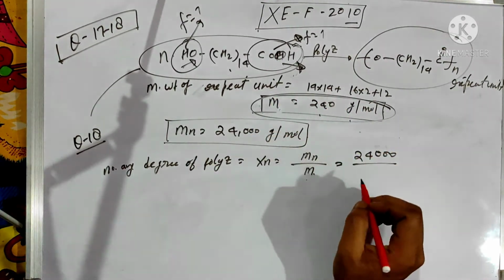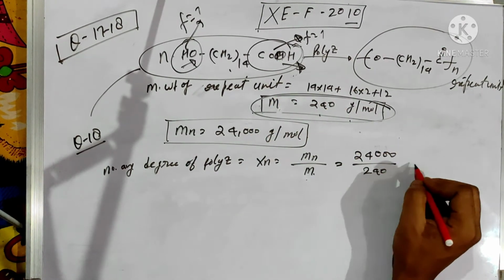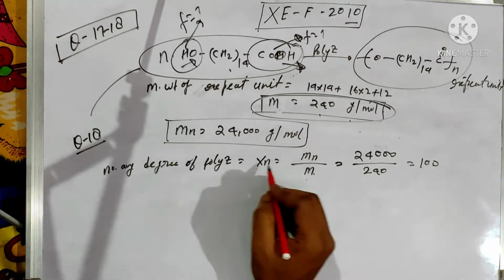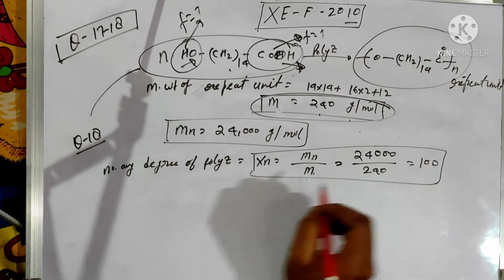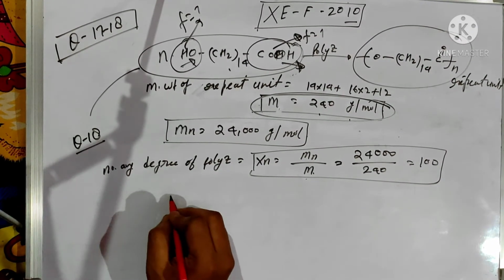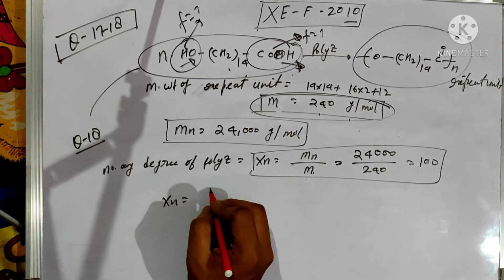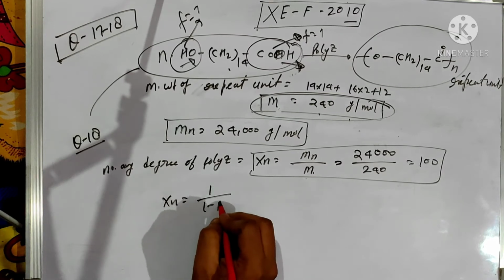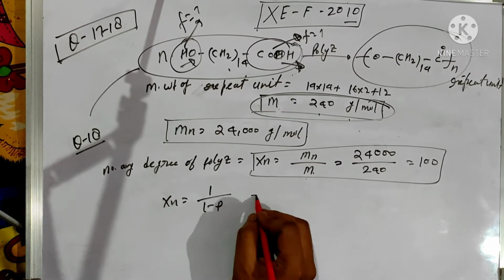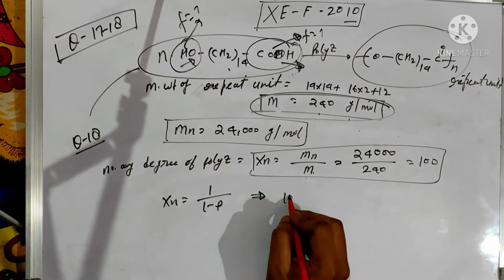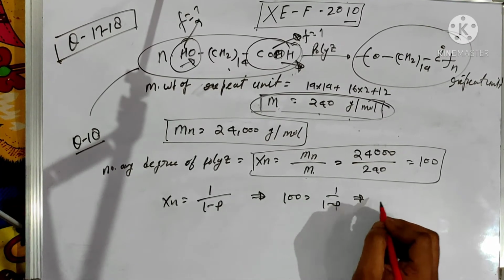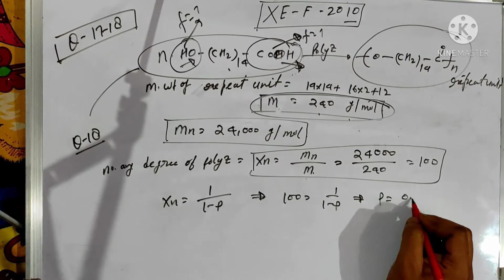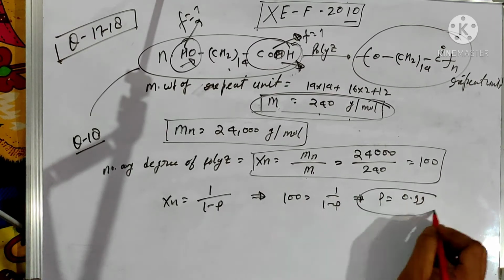Given 24000 divided by the molecular weight of the repeat unit, 240, is equal to 100. Then you get the number average degree of polymerization equal to 100. Now using the Carothers equation, Xn is equal to 1 divided by 1 minus P. Now Xn is equal to 100, so 100 equals 1 upon 1 minus P. After calculation, you get P equal to 0.99.